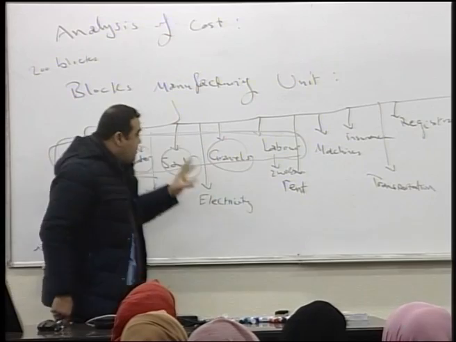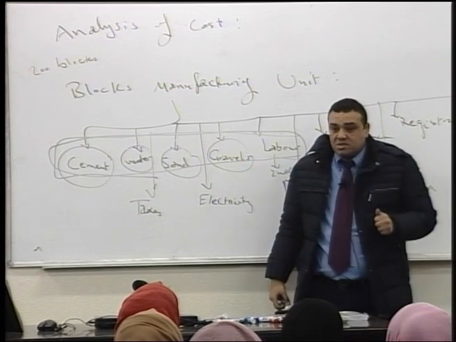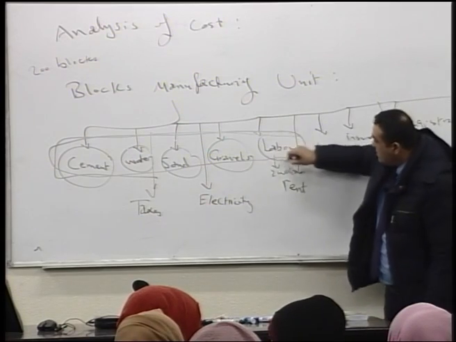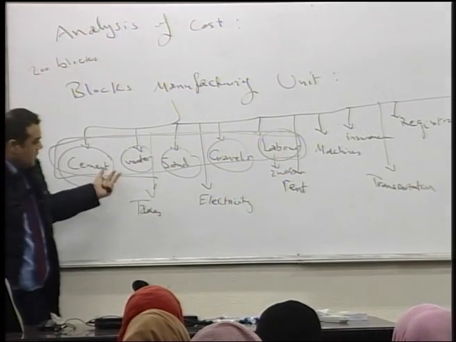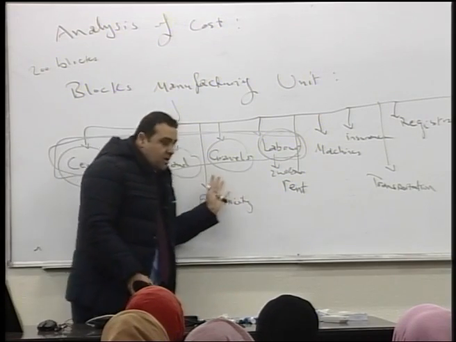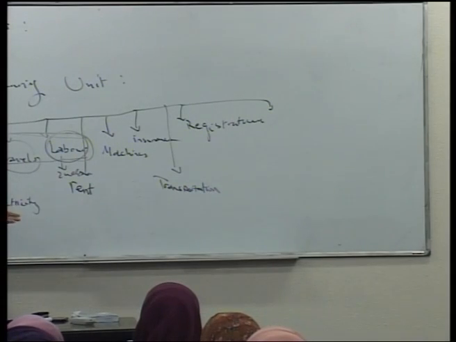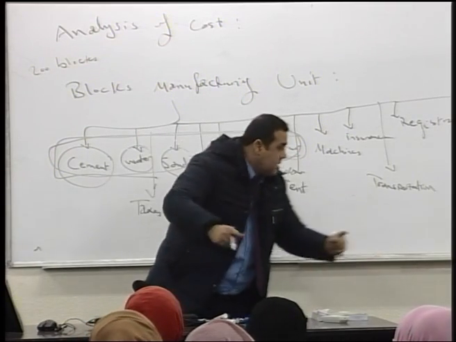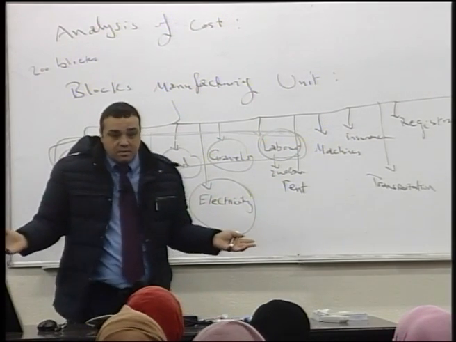So these types of cost are called variable cost. We need more workers, so workers are also a variable cost, right? Electricity also, because we need to run the generators and the machines, so it is a variable cost.